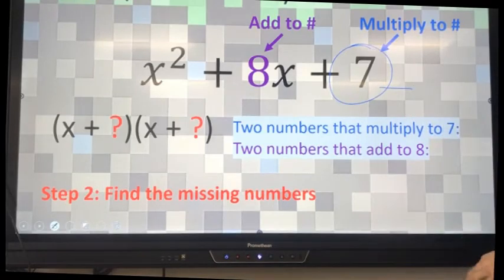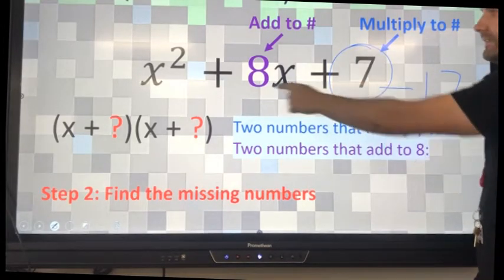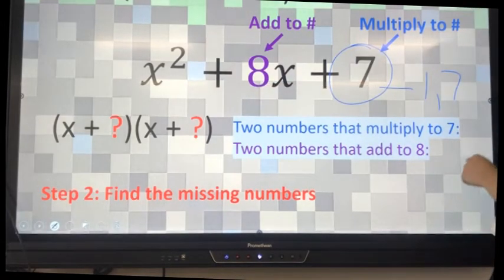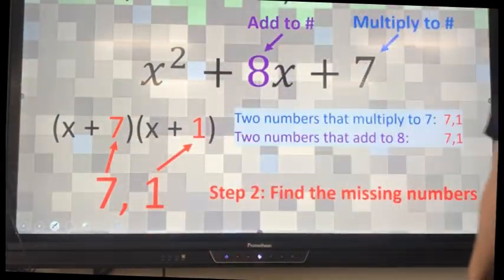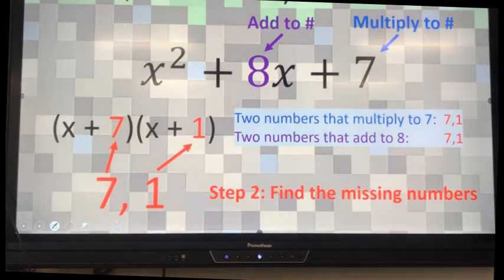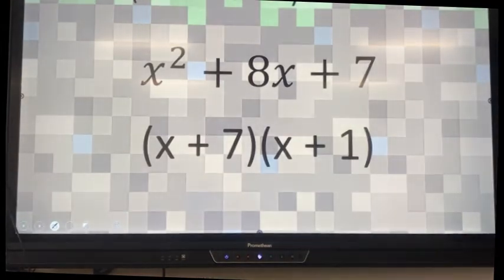What times what equals 7? 1 times 7. That works. Now I have to decide, does 1 plus 7 equal 8? It does. So that means 1 and 7 fit right into my spots there. x plus 7 times x plus 1 is what this polynomial factors into. And you're done.